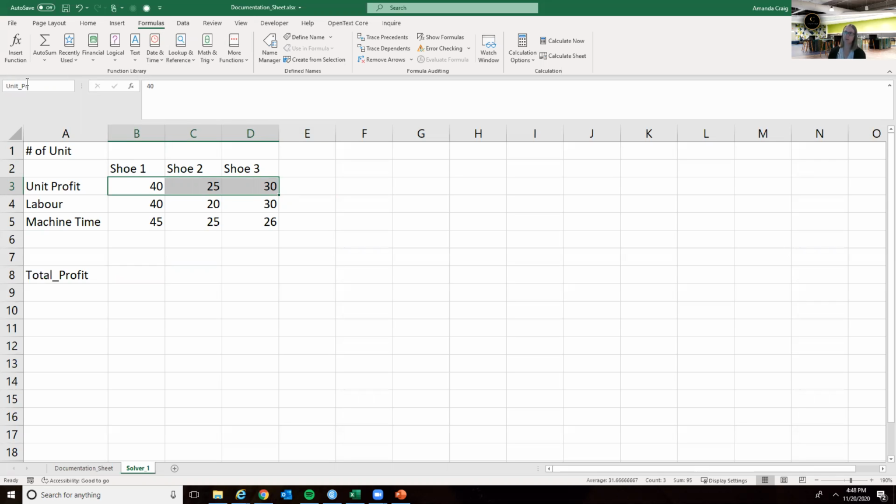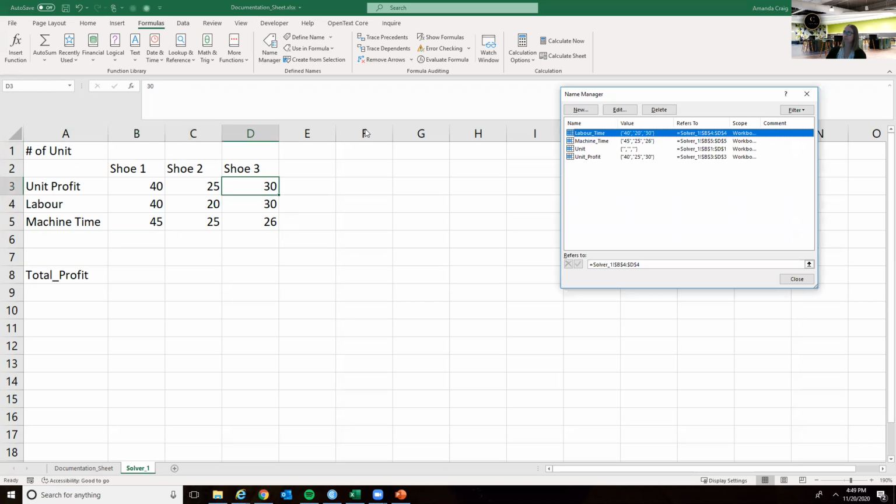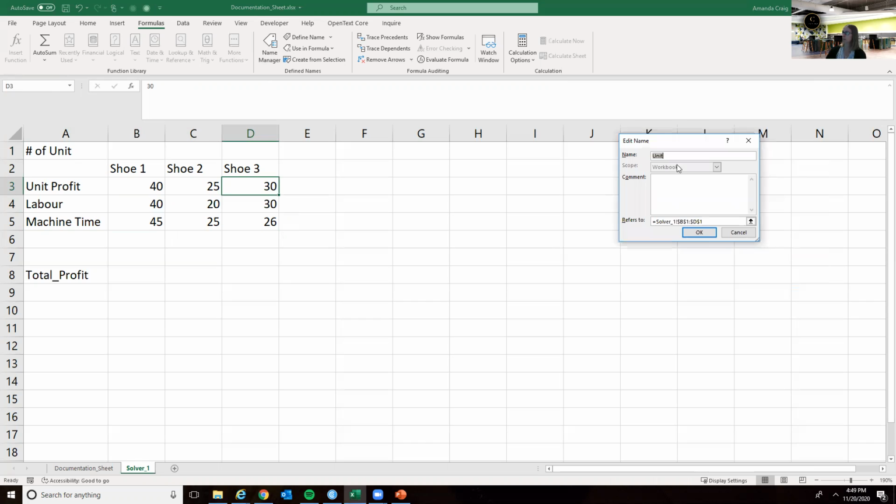So I'm going to call this unit profit, labor time, machine time, and my units. Oh, let's fix that. Call that units instead of unit.